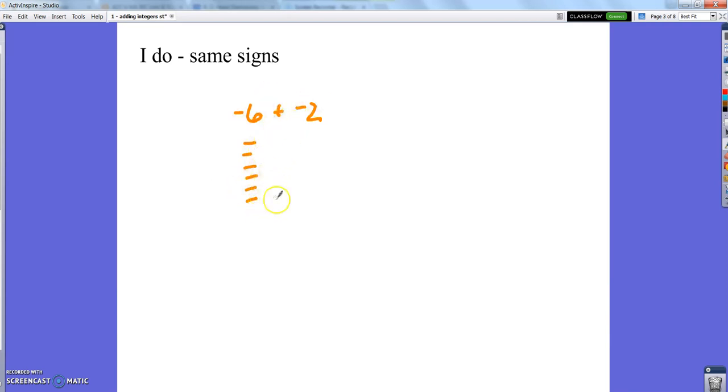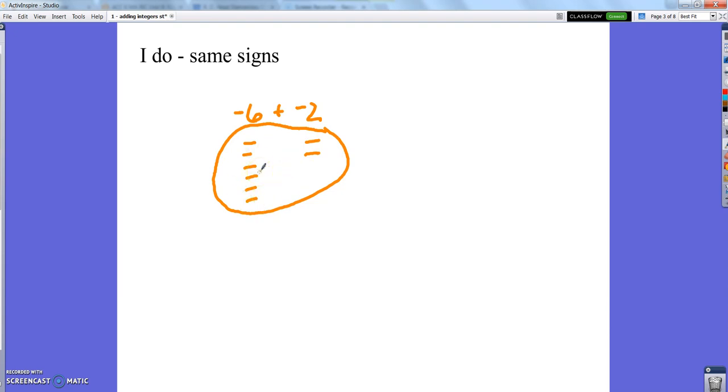And if I add to that negative 2, it would be two negative signs. Remember, when I'm adding two things, I put them together. I take these and I take these and think of it like I'm putting them in a big bag and shaking them up. I'm putting negative 6 and negative 2 together.